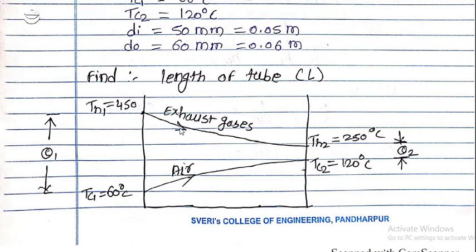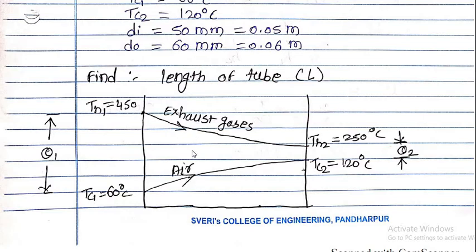As the heat is transferred from the exhaust gases to the air, the hot fluid temperature, that is the exhaust gas temperature, goes on decreasing, and we get the outlet exhaust gas temperature as TH2 equal to 250 degrees Celsius. On the same side we get the outlet temperature for the cold fluid, that is air, Tc2 equal to 120 degrees Celsius. In each and every case, we need to draw this temperature distribution diagram to understand the type of the flow. So in parallel flow both the fluids are flowing in the same direction.